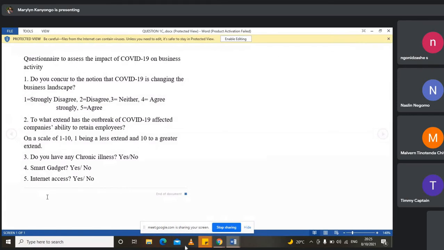So it is a Likert scale from 1 to 5, with 1 strongly disagree and 5 strongly agree. Then the next question is, to what extent has the outbreak of COVID-19 affected companies' ability to retain employees? We measure that on a scale of 1 to 10, 1 being to a less extent and 10 to a greater extent.